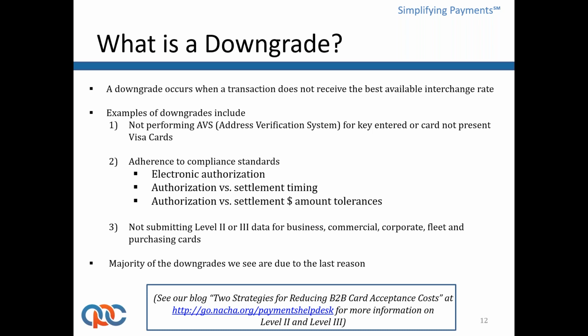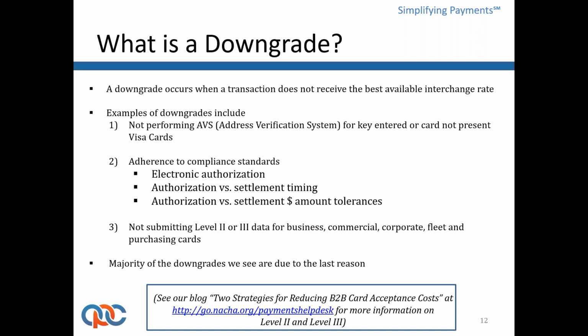So here are some examples of downgrades, or when you don't follow the rules that are set by the card networks. So one is if you have a keyed transaction or card not present transaction, Visa says you have to do AVS. AVS stands for Address Verification System. So in the authorization request, you have to send the customer's 5-digit zip code in the authorization request.